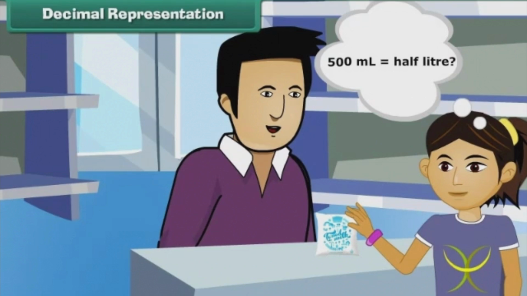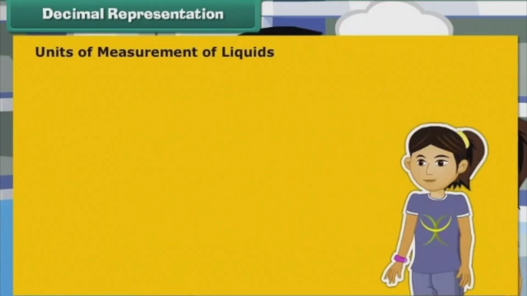To be able to answer this question, we must first understand the units used to measure liquids. Take a look. 1 liter is equal to 1000 milliliters.